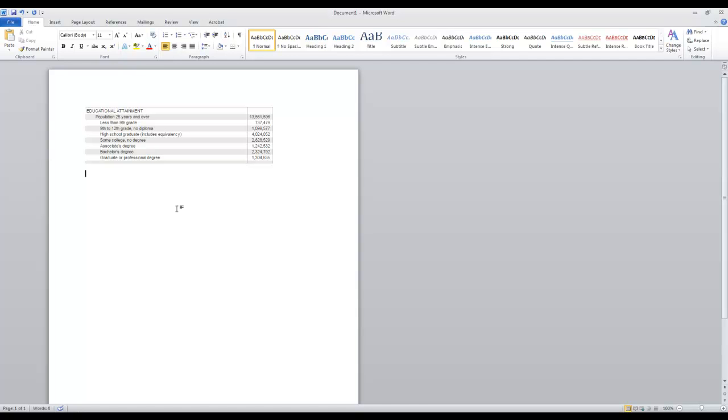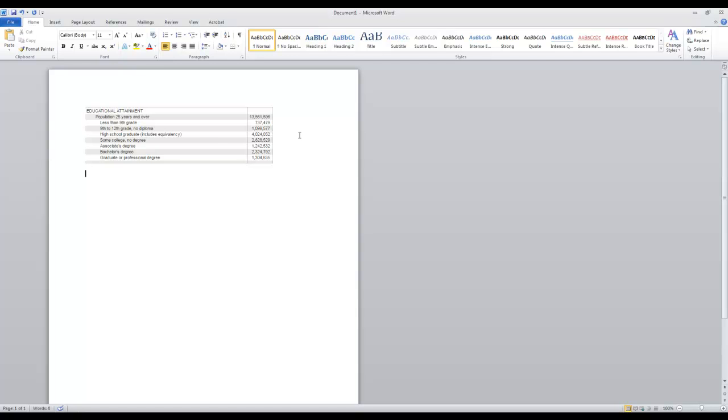So the first thing you want to do whenever you want to find an empirical probability is to find the whole. Because to find a percent, you do the part divided by the whole, or to find a probability, you do part divided by whole. Lucky for us, we have the whole right here: population 25 and older, 13,561,596.